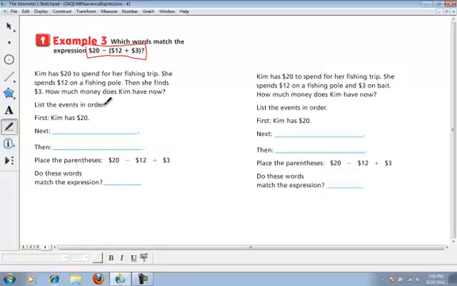Well, let's list the events in order. First, Kim has $20. Then she spends $12. Okay? Can you imagine that? 1, 2, 3, 4, 5, 6, 7, 8, 9, 10, 11, 12, 13, 14, 15, 16, 17, 18, 19, 20. I'm making a picture in my mind of $20. And then she spends $12. So I'm going to take 12 of those away.